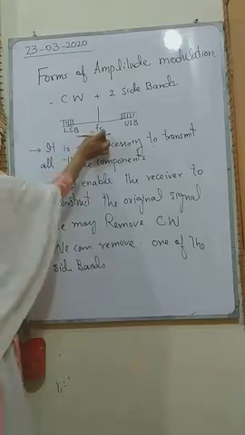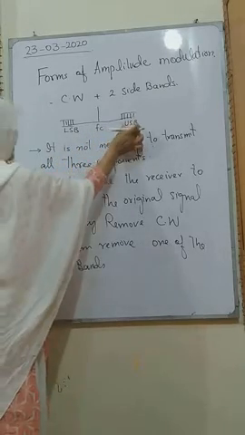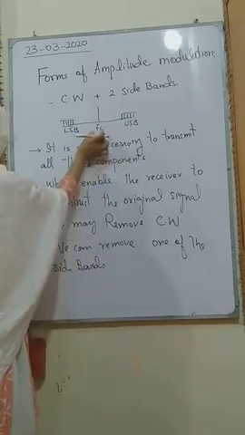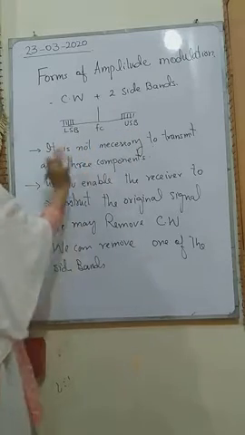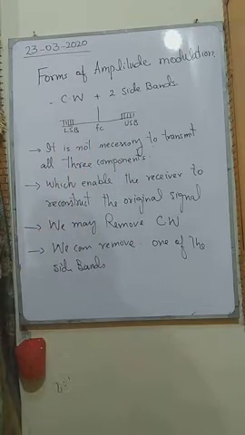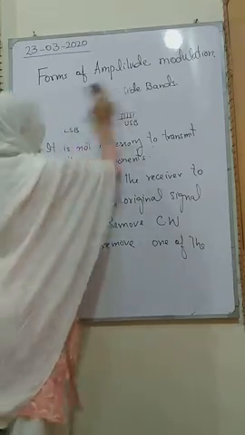So we can remove the carrier wave, or we can remove a sideband, or we can remove the carrier wave along with a sideband. There are three possibilities. So the different suppressed component systems are discussed here.